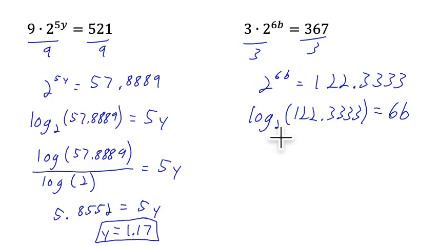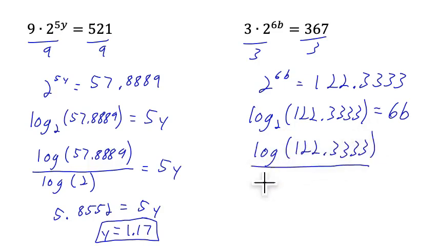We don't have a base 2 logarithm button on most scientific calculators, so let's go ahead and real quickly rewrite this using the change of base formula. So we've got the log base 10 of 122.3333 over log base 10 of 2.